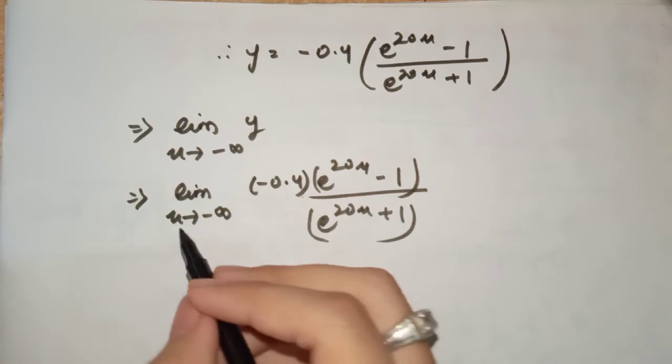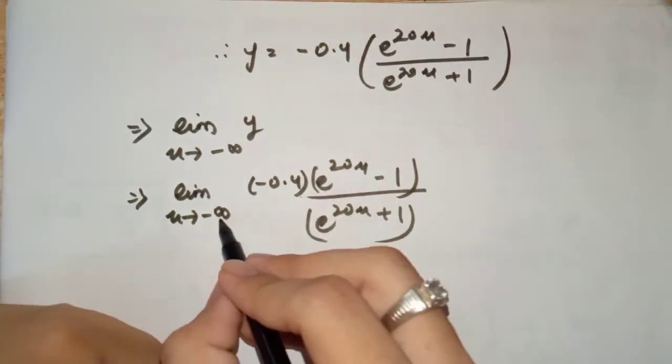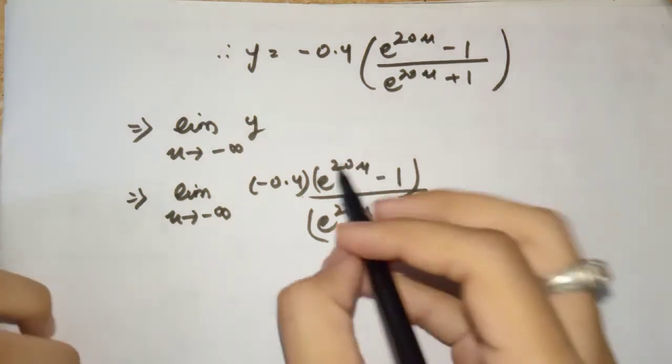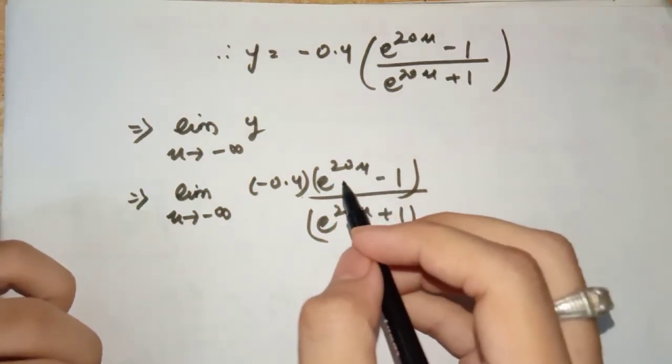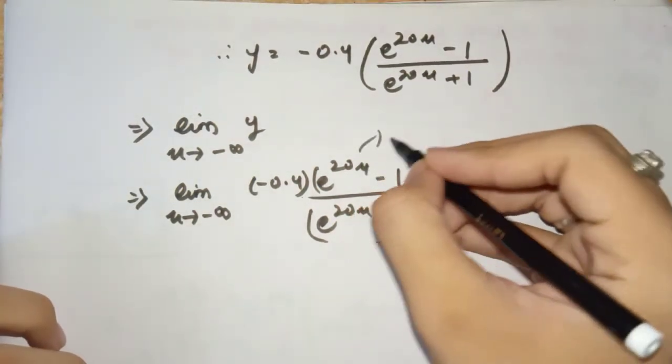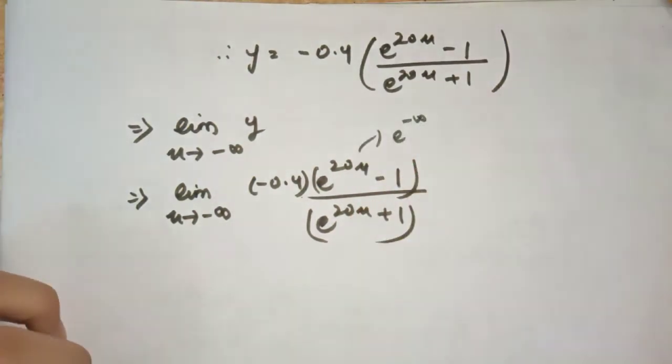Now let's put the limit x tends to minus infinity in e to the power 20x. In place of x we put minus infinity, and 20 into minus infinity is obviously minus infinity, there is no doubt in it. So what's e to the power minus infinity? We have to find this.